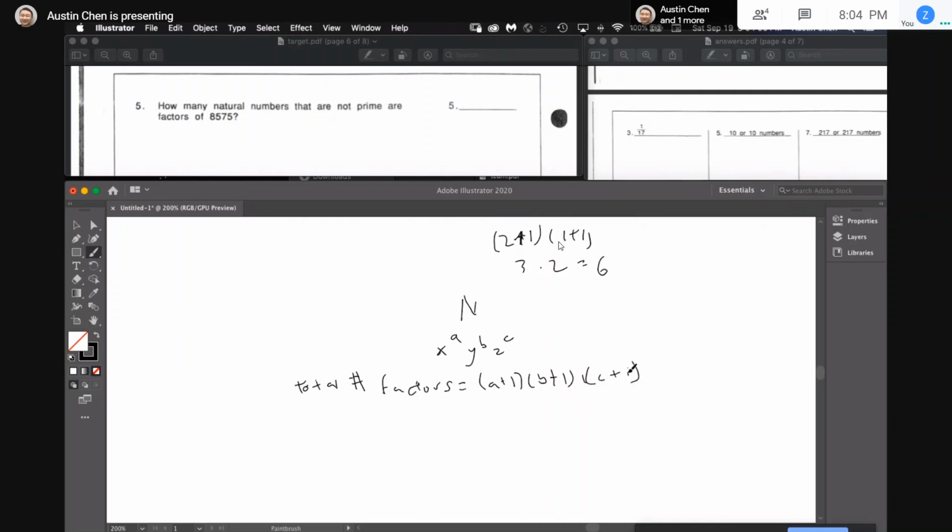And if you have more primes, then you just continue that. Now, there are more formulas that you should probably know, I think.